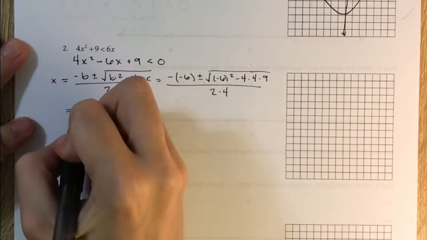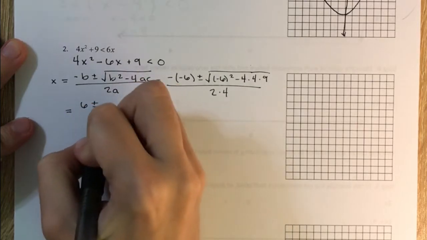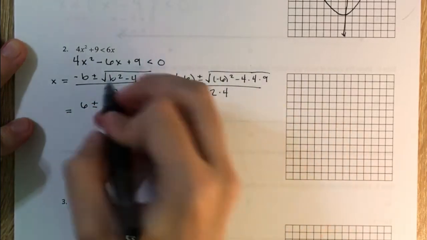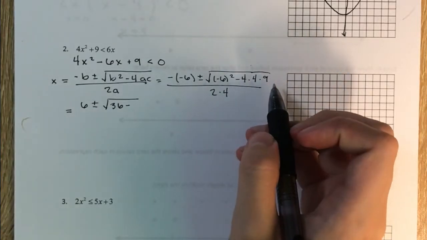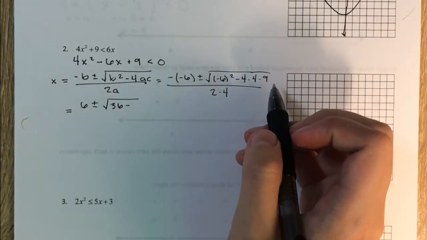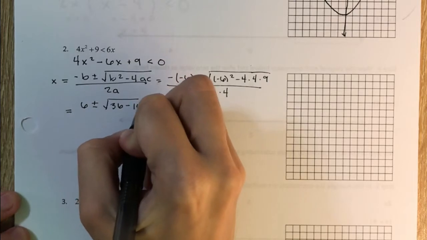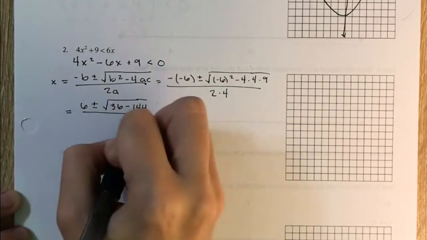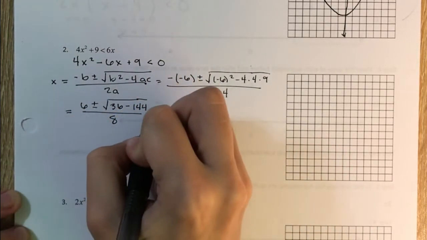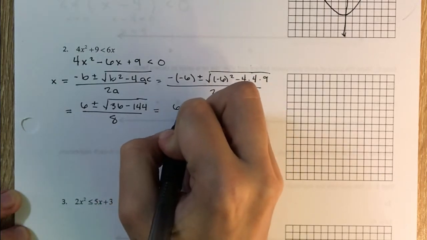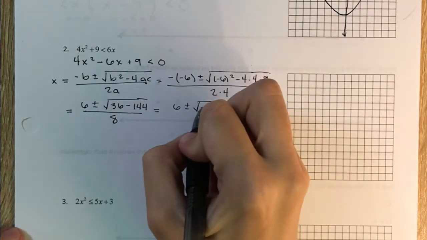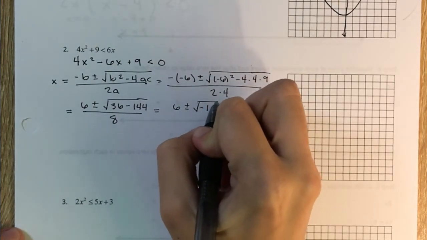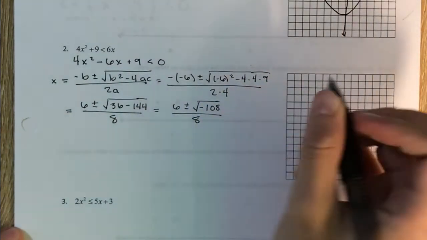So we get positive 6 plus or minus square root 36 minus 4 times 4 times 9 is 144 all over 8. So we've got 6 plus or minus the square root of negative 108 over 8.